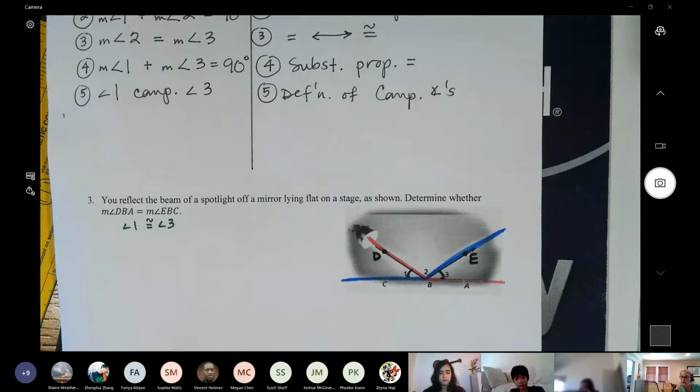The first few proofs are going to be like this, just sort of tedious, and before you start thinking this way, specifically look at angle 2.